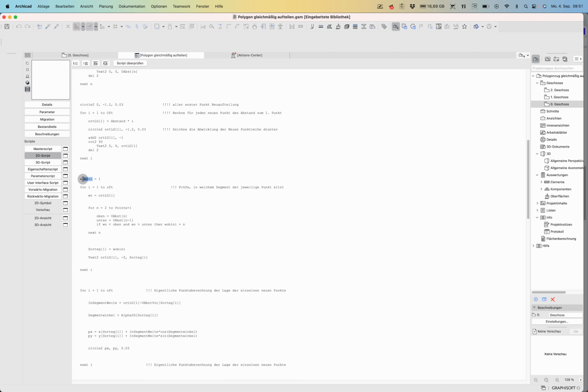Wo bin ich is where I am in German. And I begin with the first point. I just wrote it in a new parameter to get it a little bit easier to read. And then I went from 2 to points to at 1.